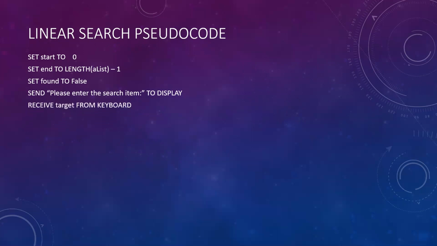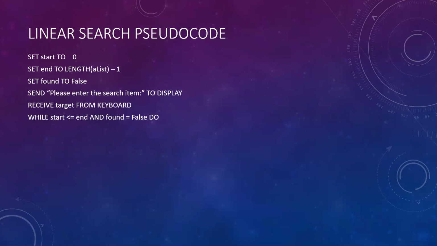It will receive it from the keyboard in the target variable, and then it will apply the while loop. Here it says while start is less than or equal to end, that means while the start position and end position are not the same, it will continue, and while found is equal to false.